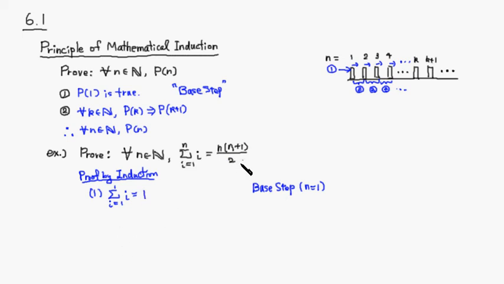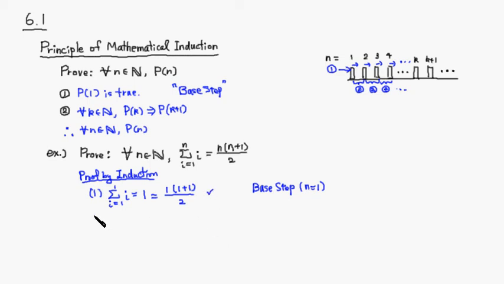If you use the right-hand side formula, when n equals 1, it's 1 times 1 plus 1 over 2, which gives 2 over 2, which is 1. So it matches the left-hand side, and the base case checks out.